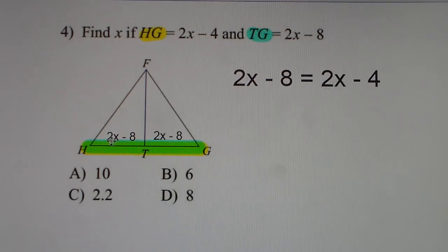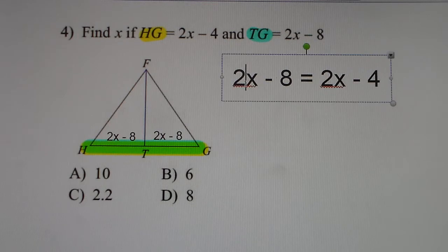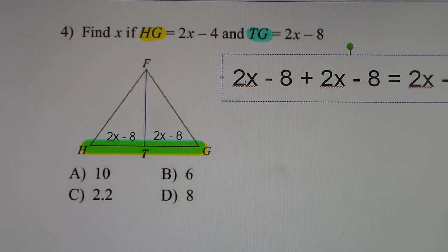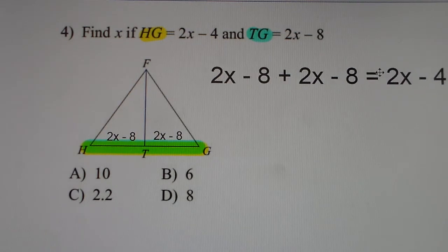Oops, sorry, we doubled it. So 2x minus 8. So that'd be 2x minus 8 plus the 2x minus 8 equals the 2x minus 4.